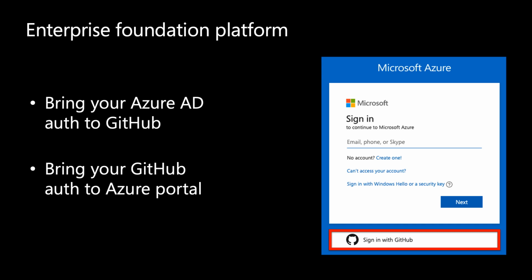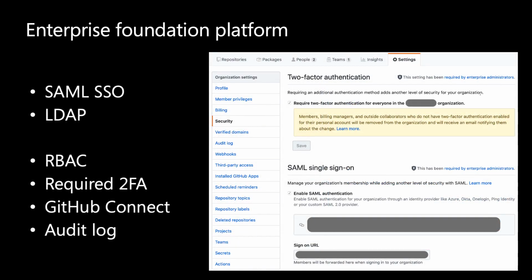So really you can utilize the same identities that you used to already across all products. And then you can also leverage all of the advanced security features that you're used to from Microsoft products. So you can use role-based access control with GitHub, and you can configure two-factor authentication for your organization, for your repositories, and so on. You can configure GitHub Connect, which connects your GitHub Enterprise Server on-prem with your GitHub Enterprise Cloud. And you can also have audit logs for the actions taken in your organization.